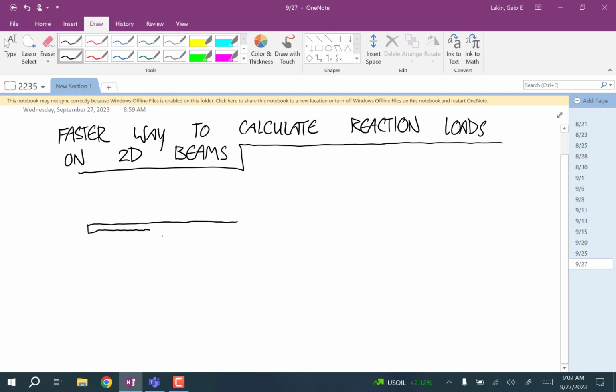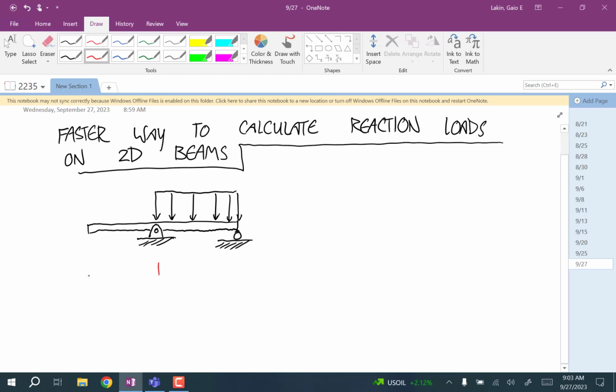Let's say we have a pin joint in the middle, and a roller at the end, and we have a rectangular distributed load acting on the right half.